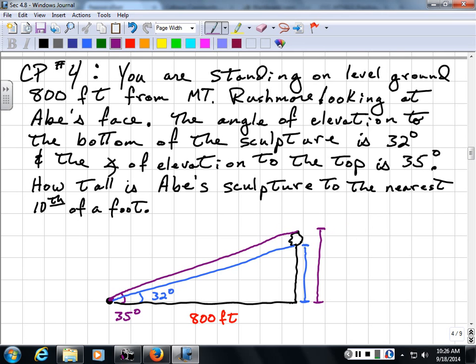Yes? Another thing that's kind of unclear about the question is, are they asking how tall the structure is off the ground, or how tall the structure is from the bottom of the sculpture to the top of the sculpture? Yeah, actually, I'm going to disagree with you on that one, Jesse. I agreed with you on the first one, but I think this one pretty much says, I want to know how tall his sculpture is.